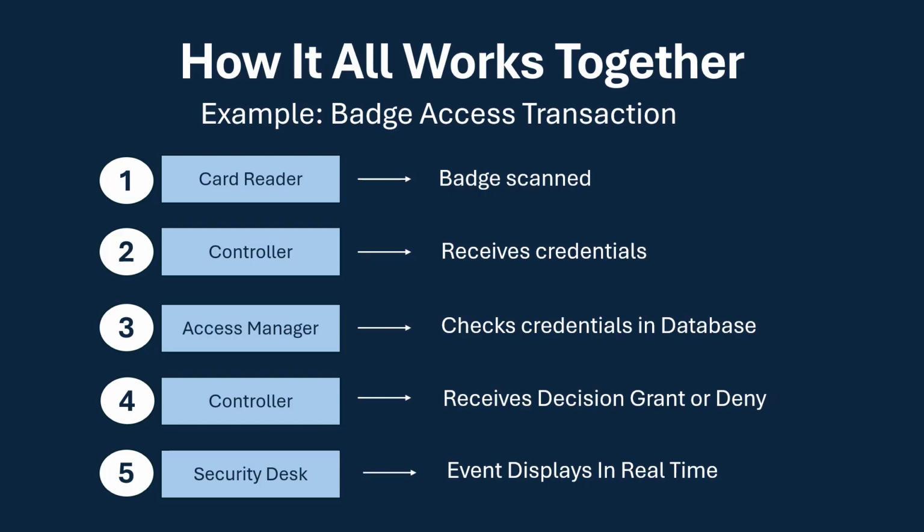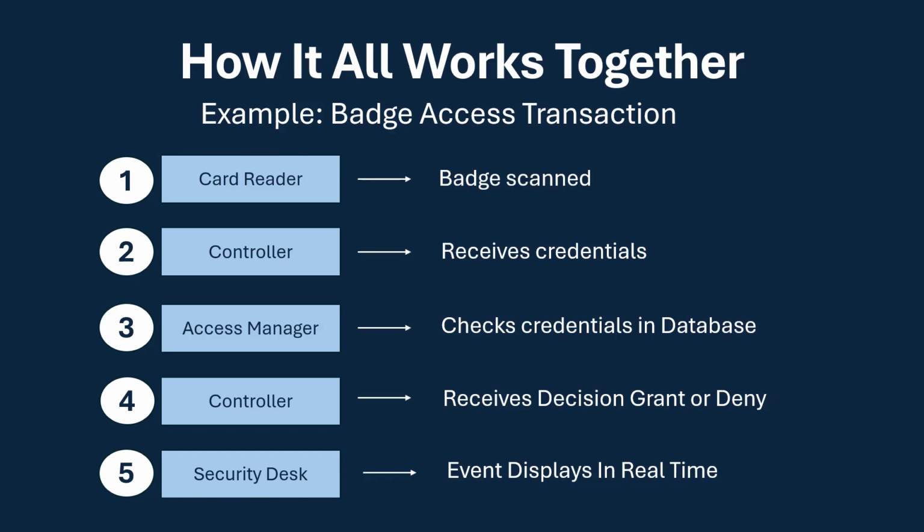Let's trace a complete transaction to see how all the pieces work together. Let's say a person badges at a reader. The card reader reads the credential and sends it to the controller. The controller forwards the credential number to Access Manager. Access Manager looks up the credential in the Directory database.